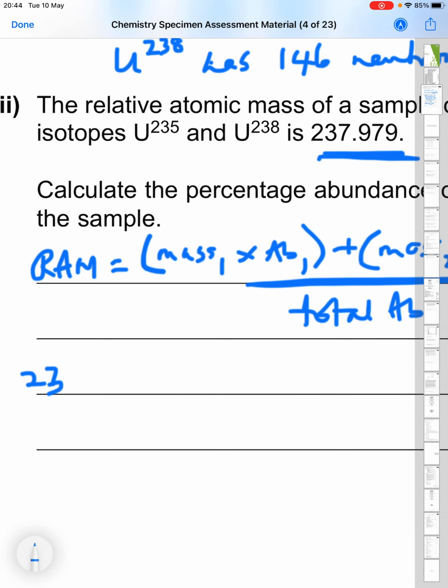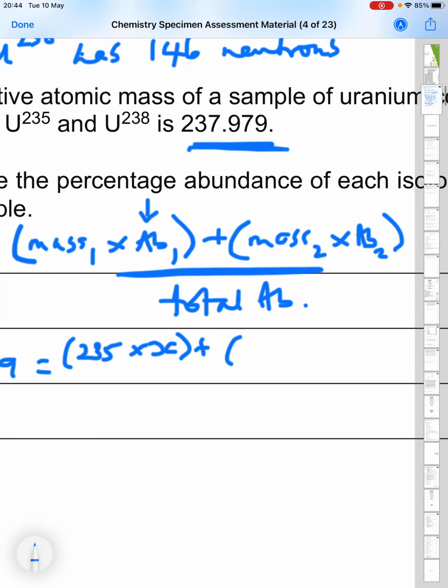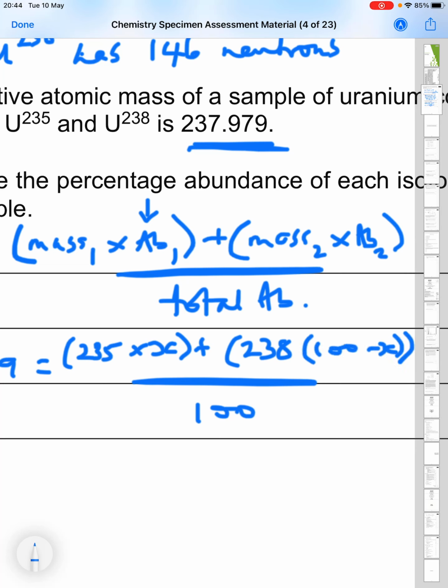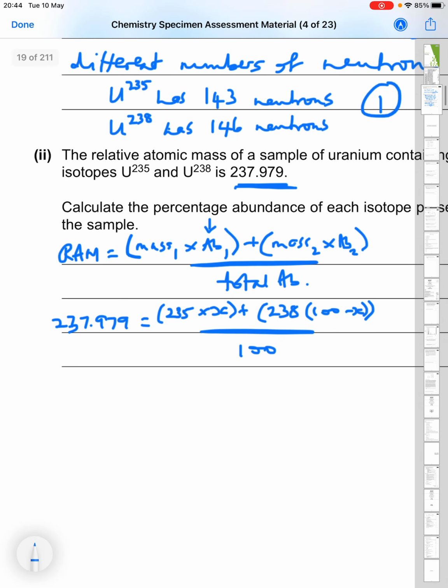So we've got 237.979, and that's equal to 235. I'm going to call the abundance here of this one X, and then the mass of this one is 238. If the total abundance is 100, it's going to be 238 times 100 minus X for this one.